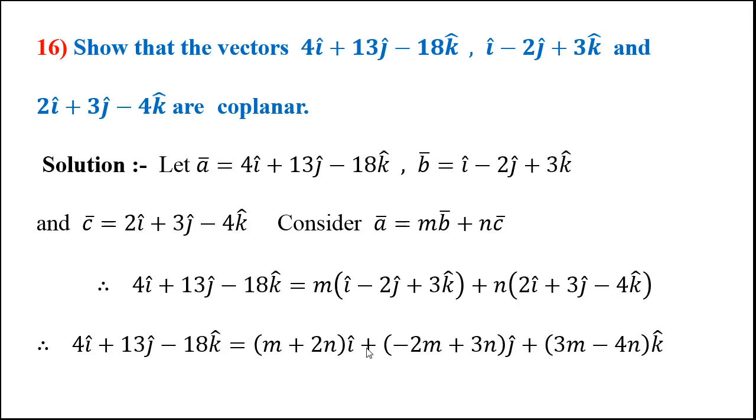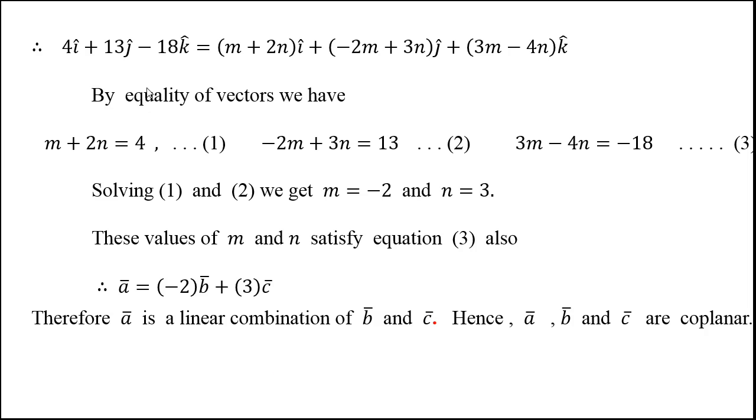So we put value of A bar, value of B bar and value of C bar in this equation. Then collect the coefficients of i: m plus 2n, j: minus 2m plus 3n, and coefficient of k: 3m minus 4n, and equate these three coefficients with coefficients of i, j, k in the left side, and equating them, we get these three equations.